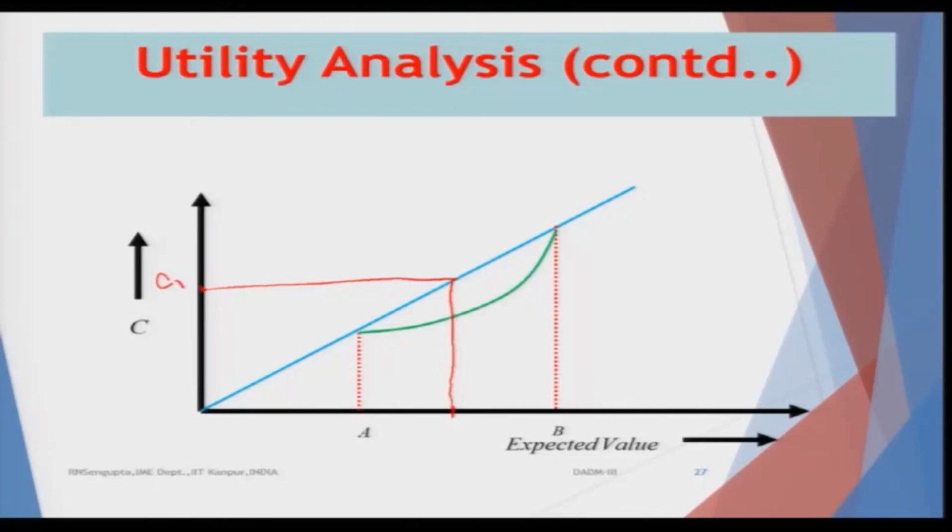In case 1, the person says that the value of C1 which is given to him or her, with respect to the gamble A and B, he or she wants a higher value, such that he or she is indifferent between that higher value, which is C2, and the expected value of A and B. Then obviously the utility function is such that as you keep changing A and B without changing the probability of half, you will get different values of so-called C2s, which would be marked on the upper portion of the graph, above the blue line in this area.